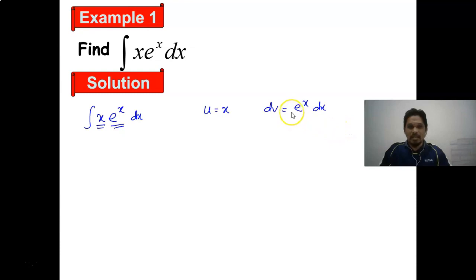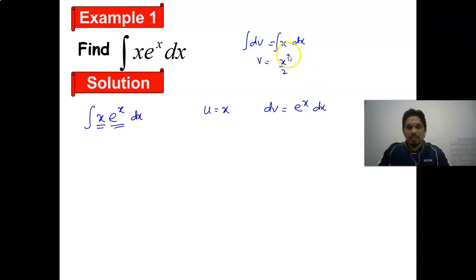The reason I chose e to the x dx as our dv is that if I choose x, let's say dv equals x dx, then when I integrate left and right, v equals x squared divided by 2.